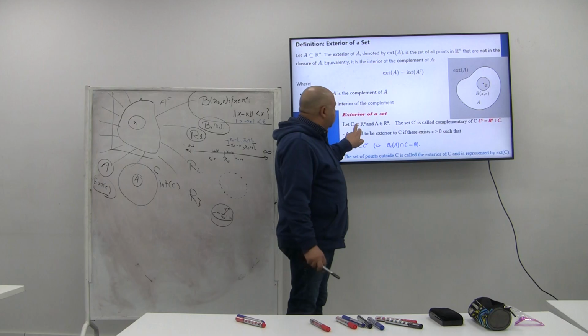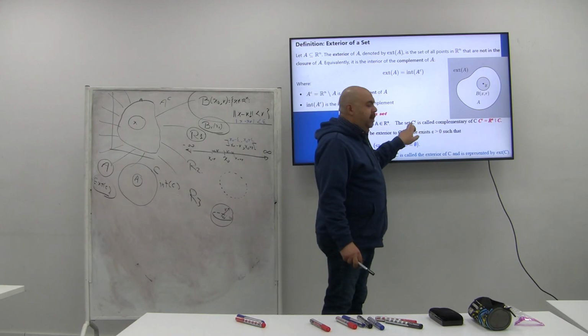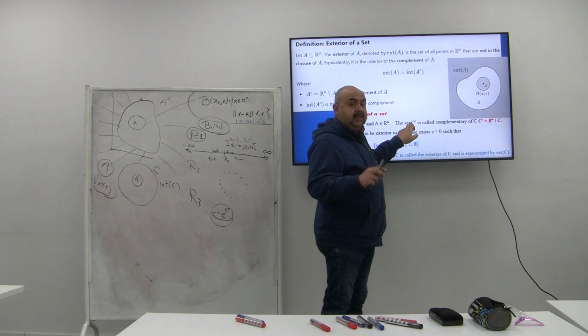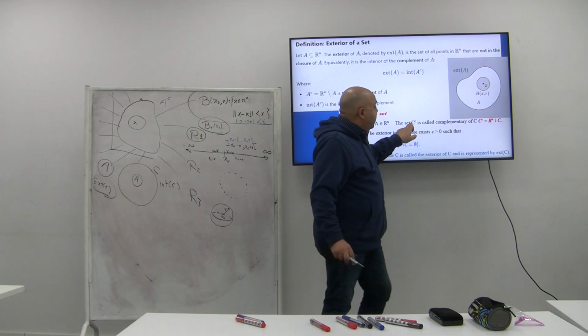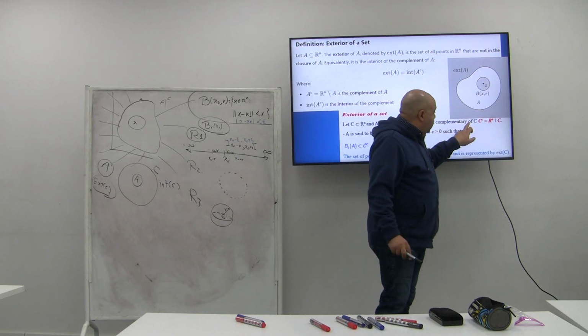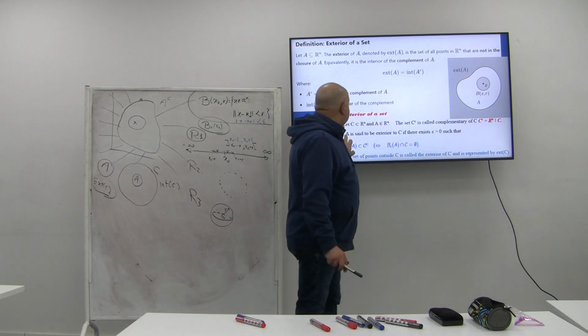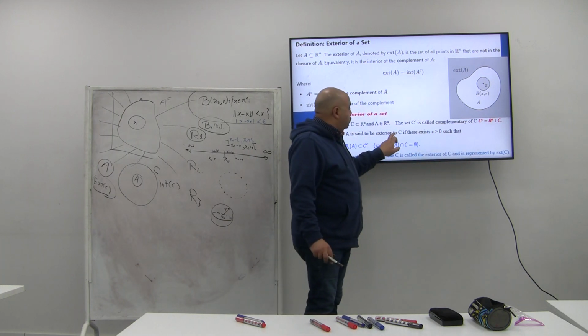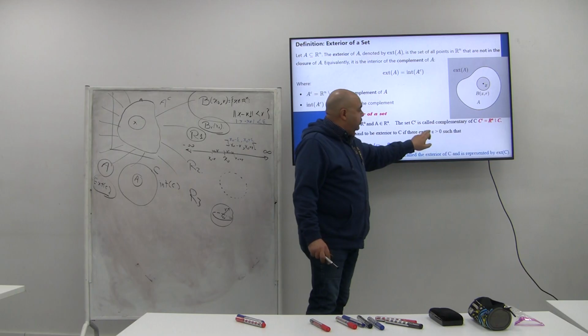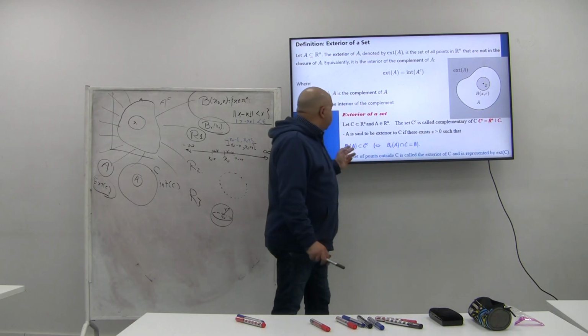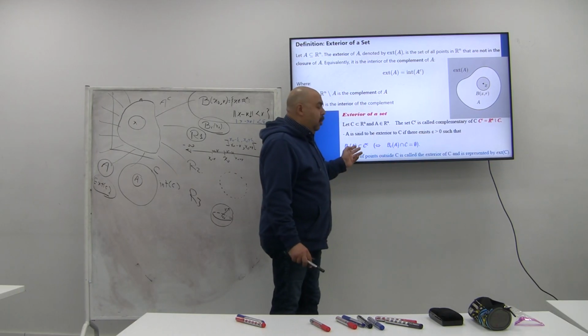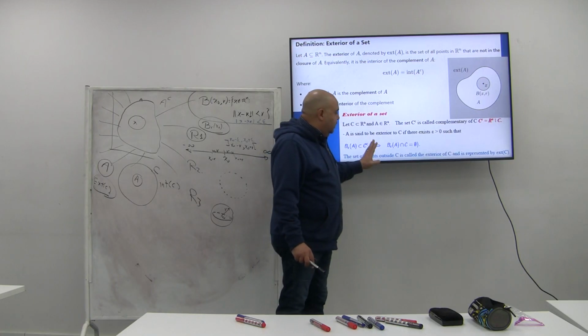C subset of Rn, A subset of Rn. The complement of C means all the other points that exist in Rn but not in C. A is said to be exterior to C if there exists epsilon greater than 0 such that the open ball of A is a subset of the complement of C, exactly the same.